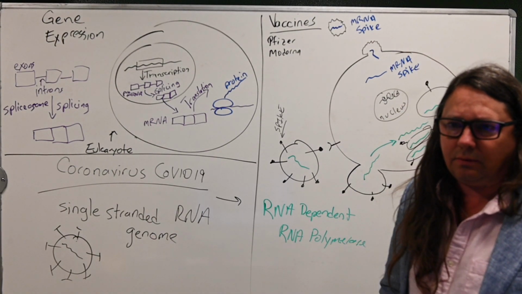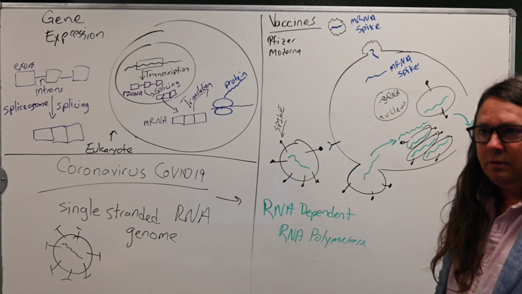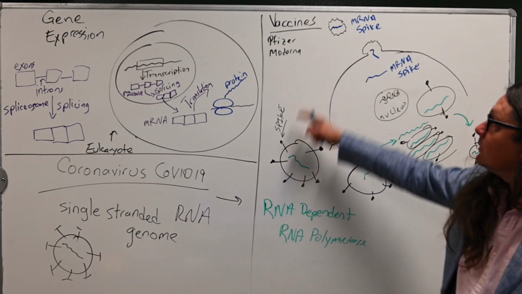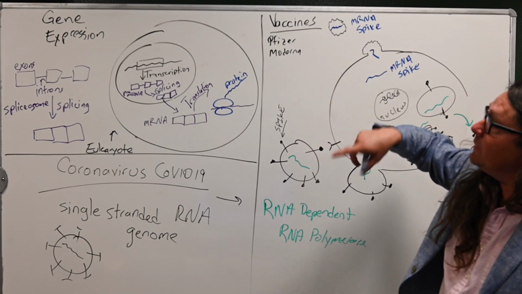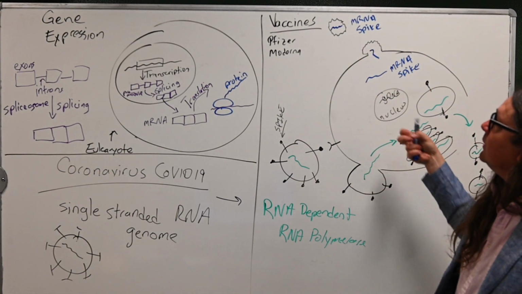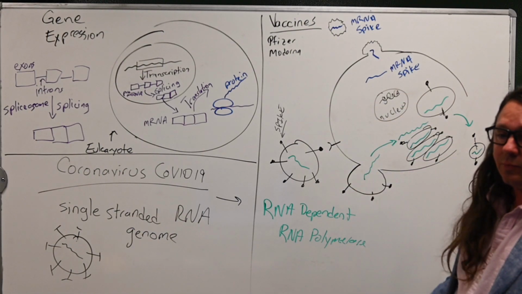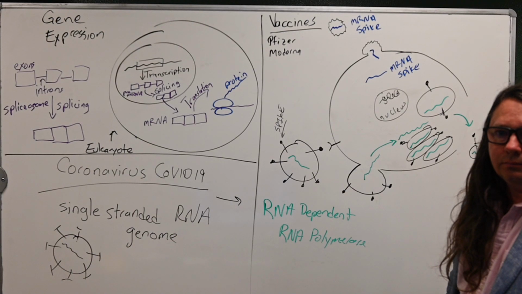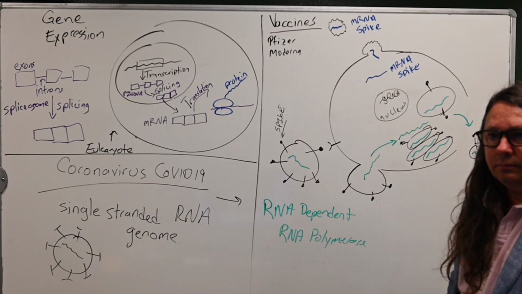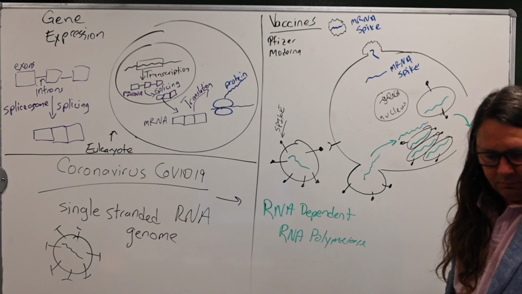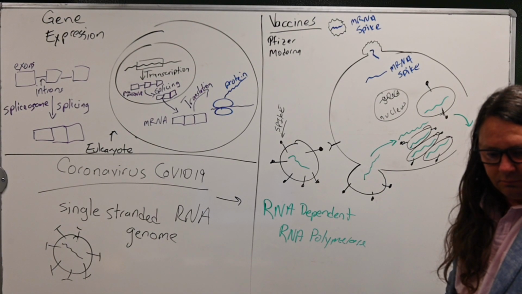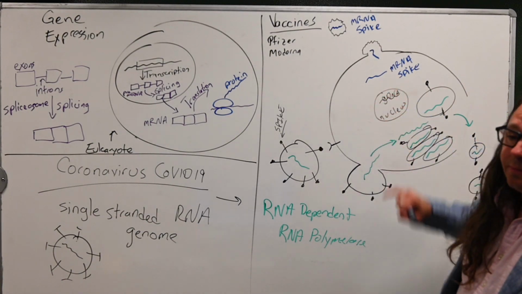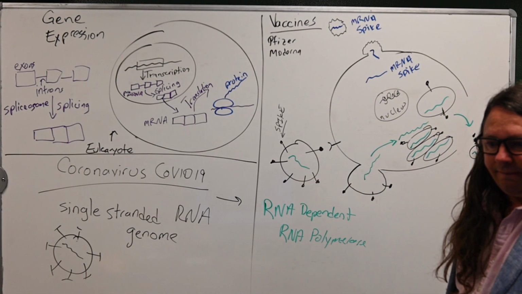So how do we get spike protein? This is RNA in the shot that they stick in your muscle, but we need the protein. So what's happening? How can we get a protein from our mRNA? You have to translate it.